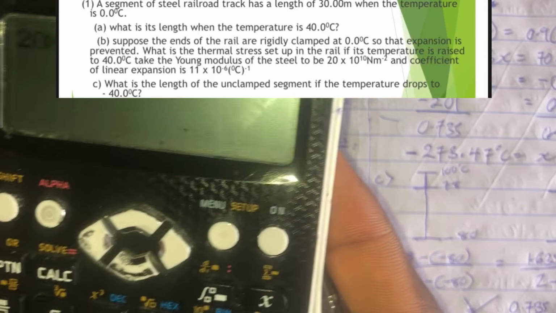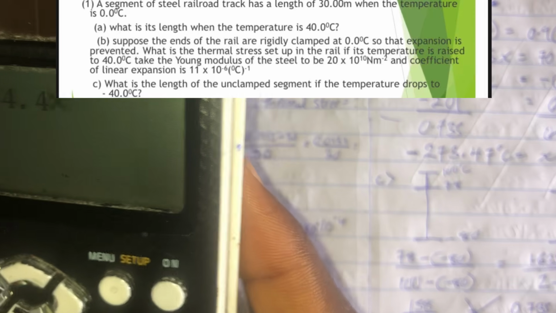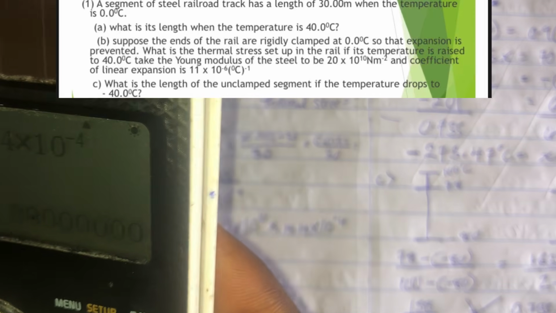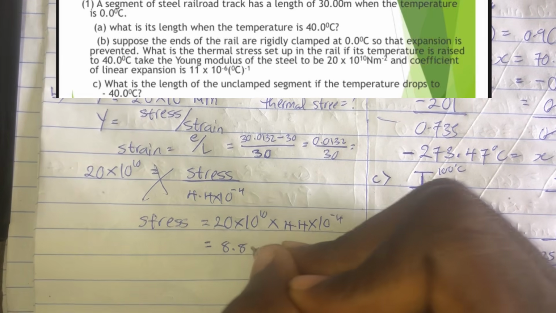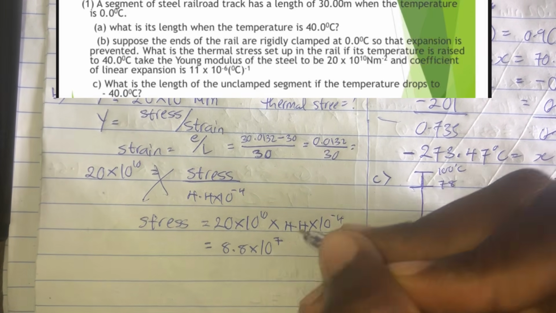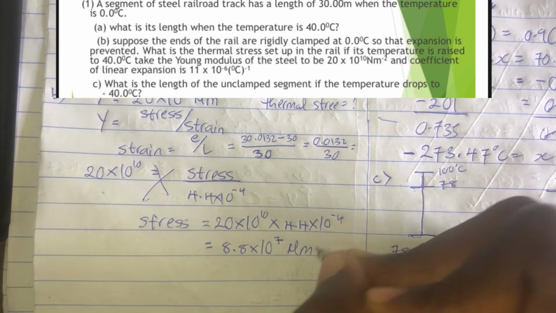That will give 20 times 10 raised to power 10 times 4.4 times 10 raised to power minus 4. That will give 8.8 times 10 raised to power 7 Newton per meter square.